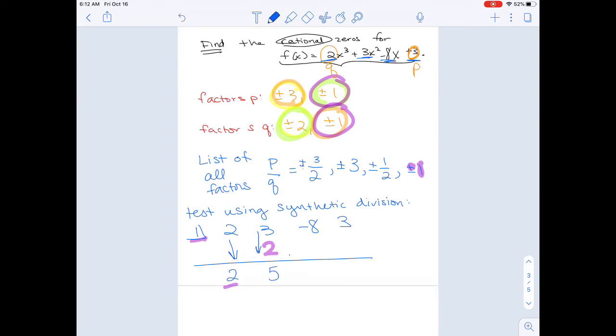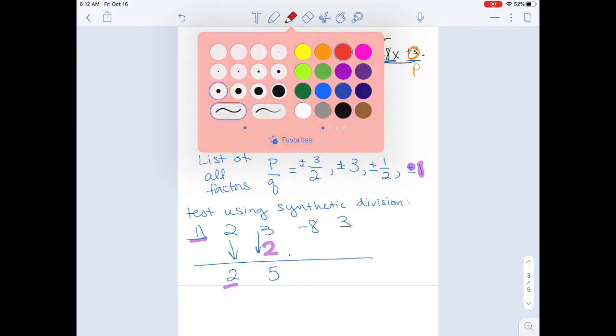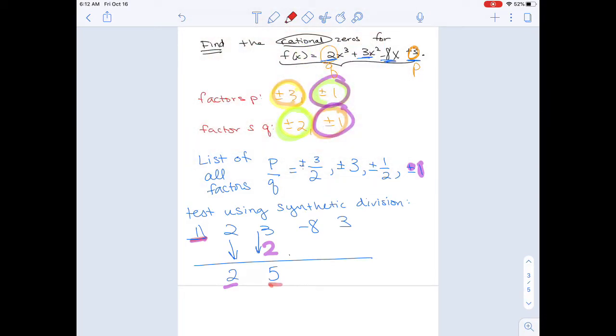Bring it down and add it. And then we're going to go ahead and do it again. 5 times 1 is 5. And then we're going to add it and multiply it again. Negative 3 times 1 is negative 3. And then we're going to bring it down and add it.